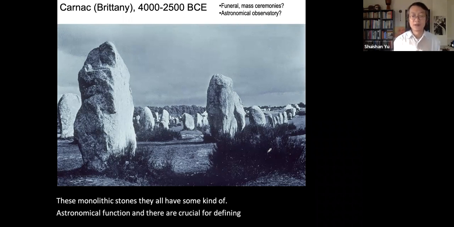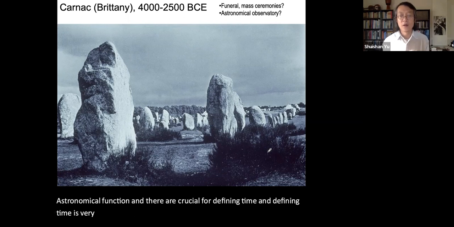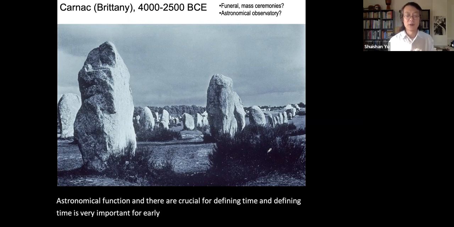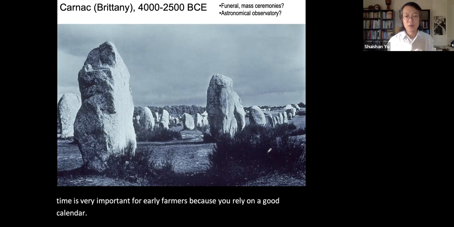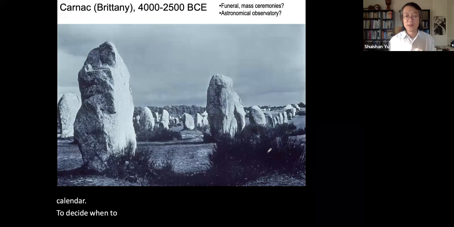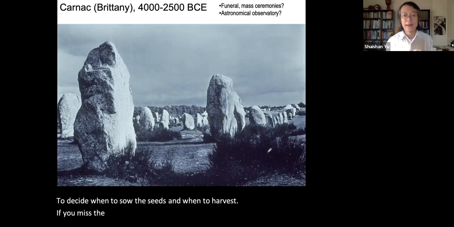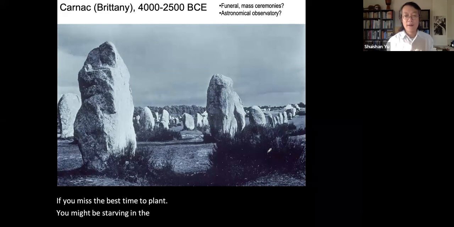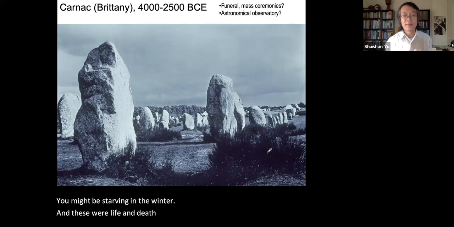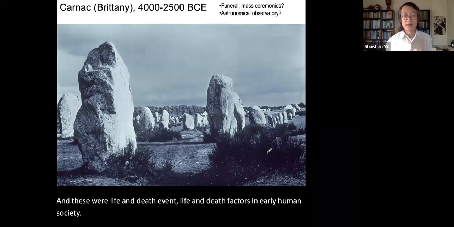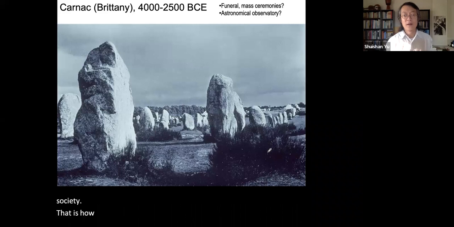And defining time is very important for early farmers, because you rely on a good calendar to decide when to sow the seeds and when to harvest. If you miss the best time to plant, you might be starving in the winter. These were life and death factors in early human society. That is how to define time.